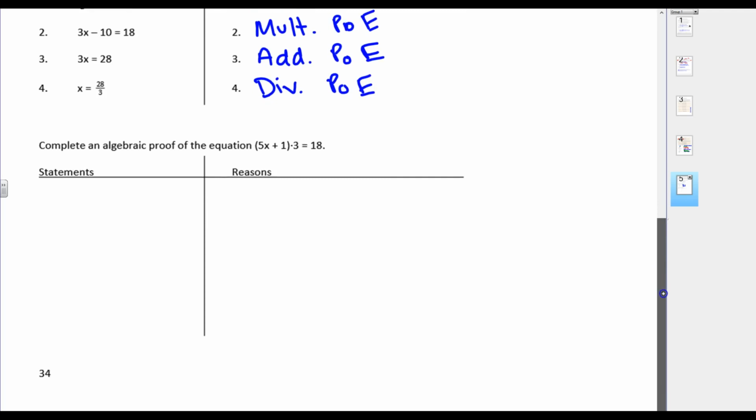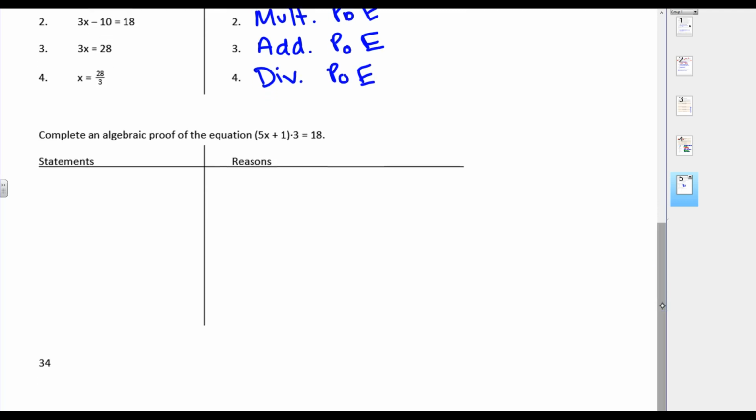All right, let's take a look at this next question here. I've got the equation 5x plus 1 times 3 equals 18. So my first step, notice I'm numbering my steps, is to write out what I'm given. 5x plus 1 times 3 equals 18. That's my given. Now, I've got two options here.